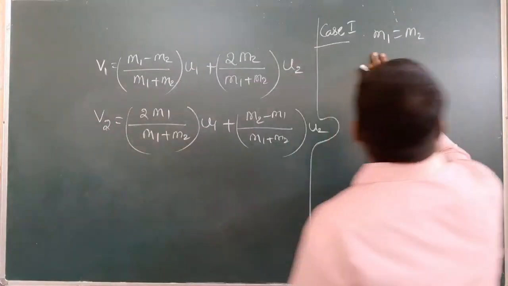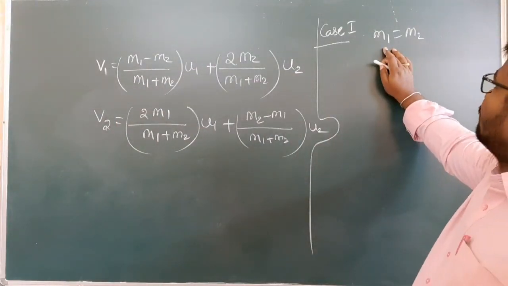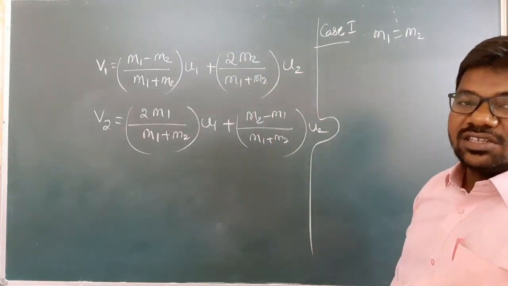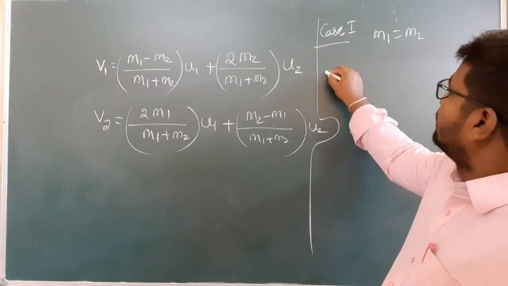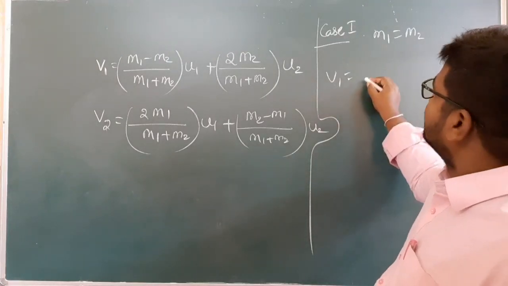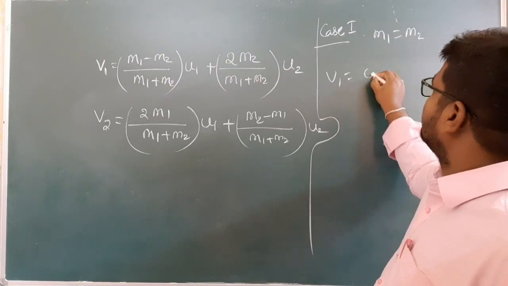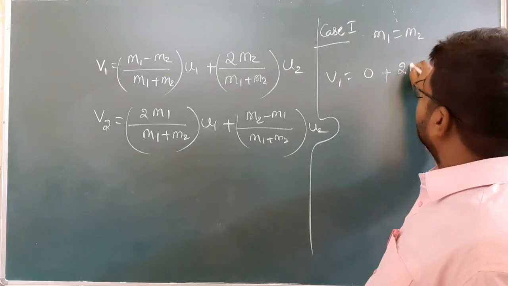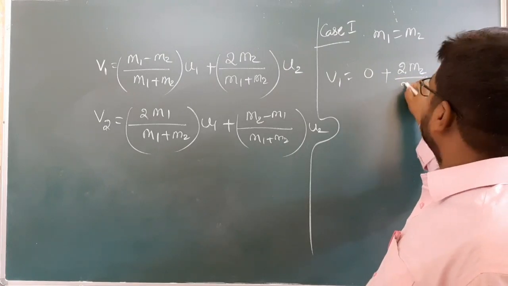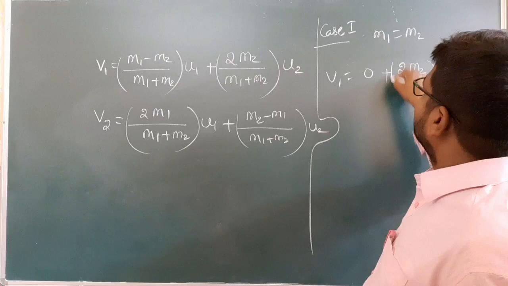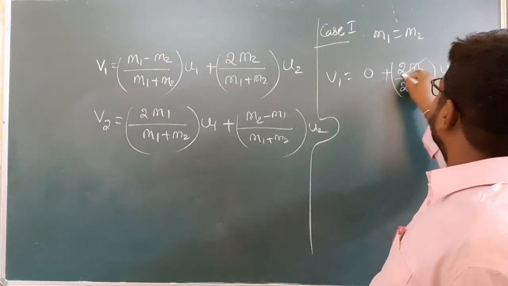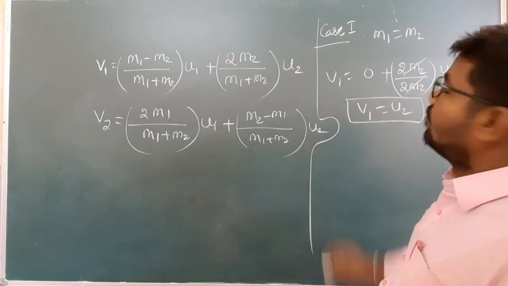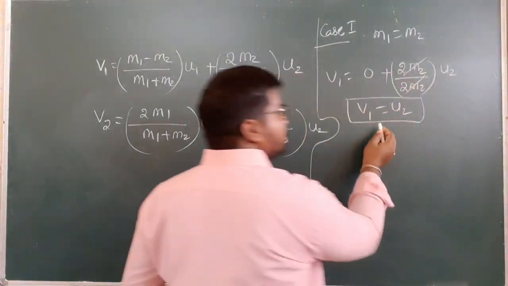So m1 equal to m2 can be substituted in this equation. Understand? So v1 is equal to 0 plus 2m2 divided by 2m2 into u2, which gets cancelled. v1 is equal to u2.